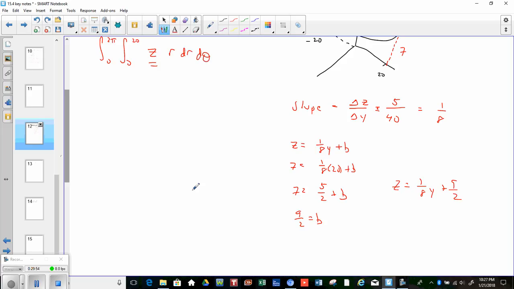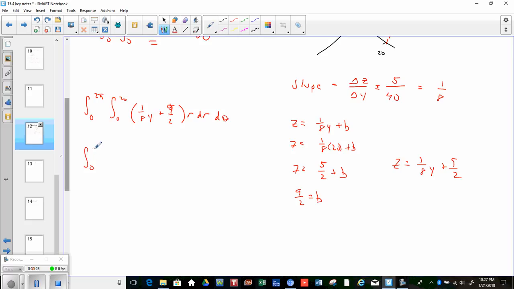So this is what I'm going to integrate. Again, it'll be 0 to 2 pi, 0 to 20, 1/8 y plus 9 halves, r dr d theta, but of course y is in Cartesian, so we need to change that.